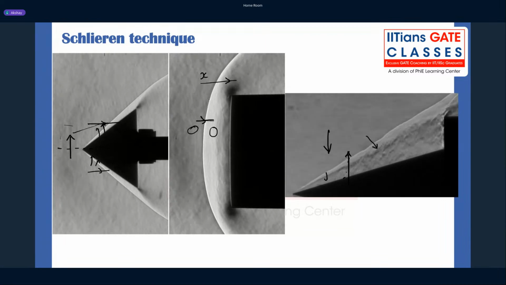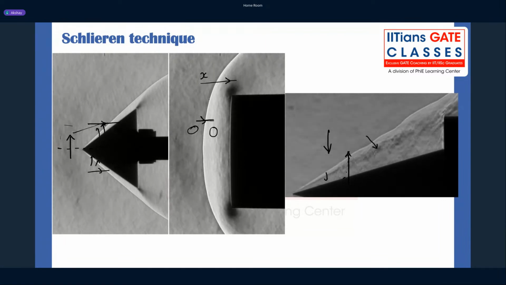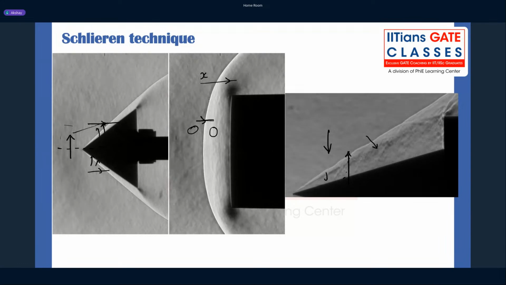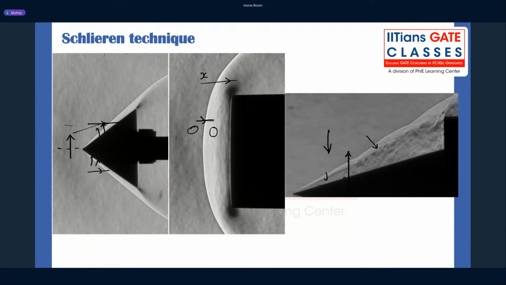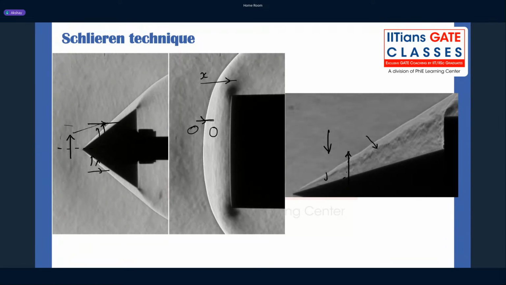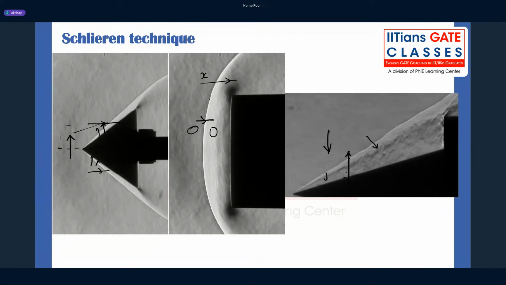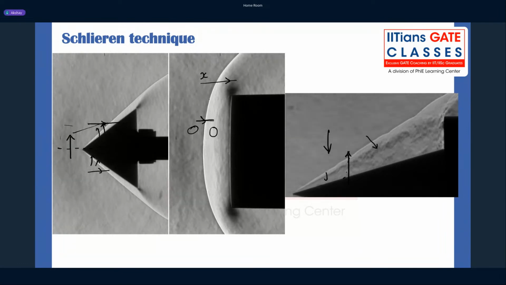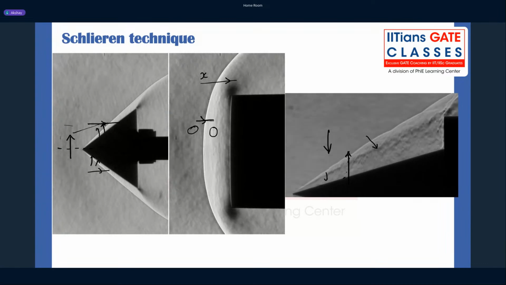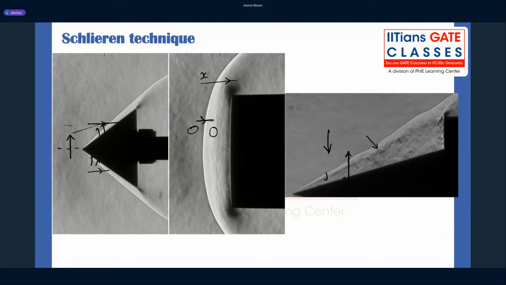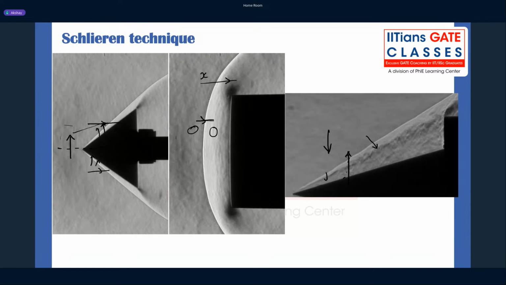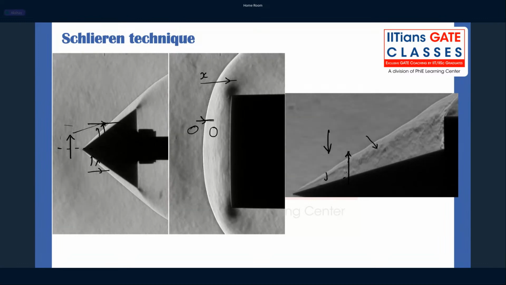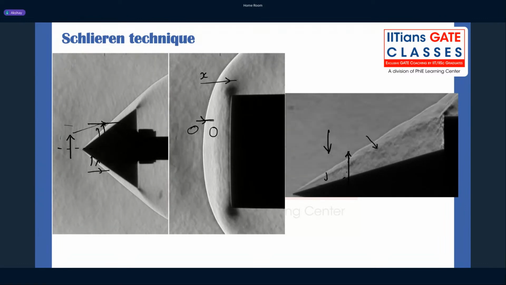You cannot always infer bright to dark, or dark to bright, as shock waves. You have to think based on your setting, whether you really have a shock wave or an expansion corner, based on the direction. Got it? That's the main point you have to take.